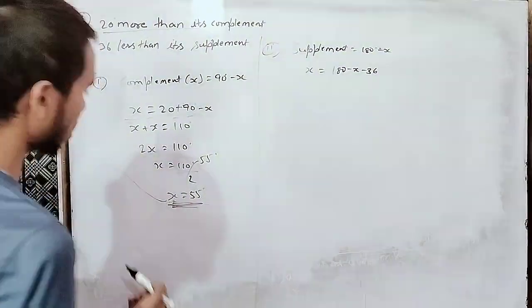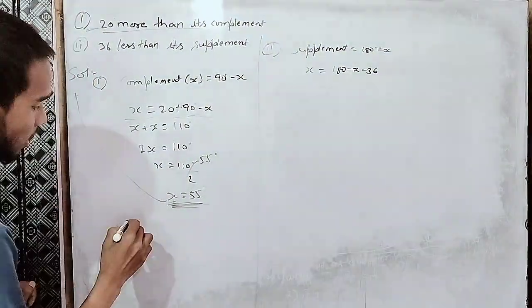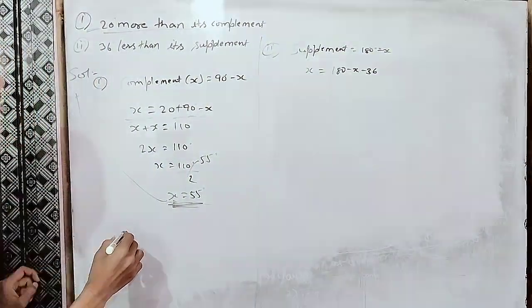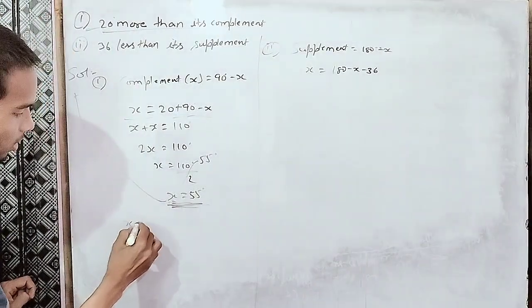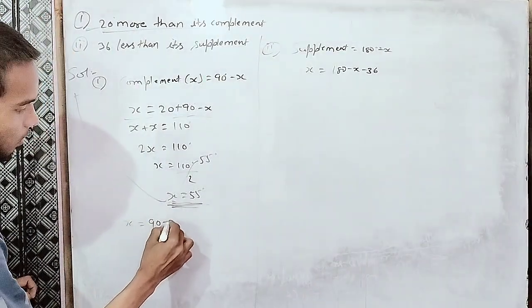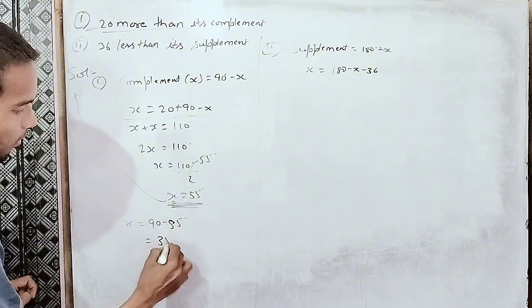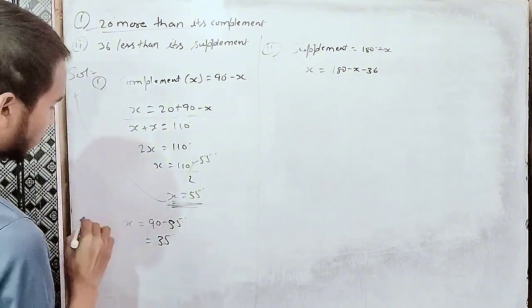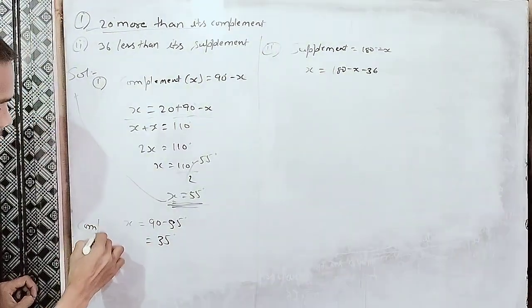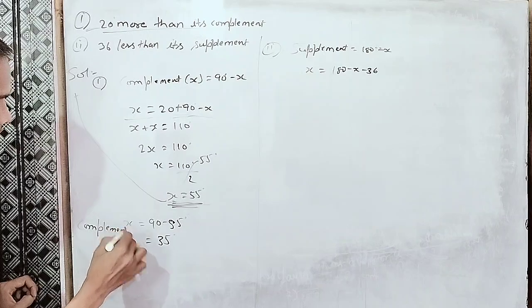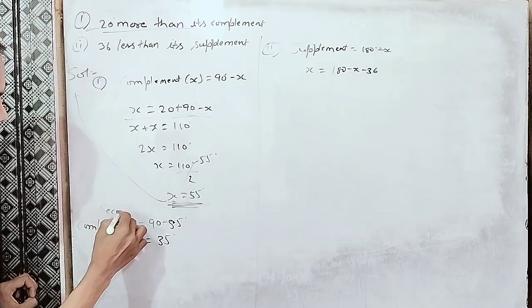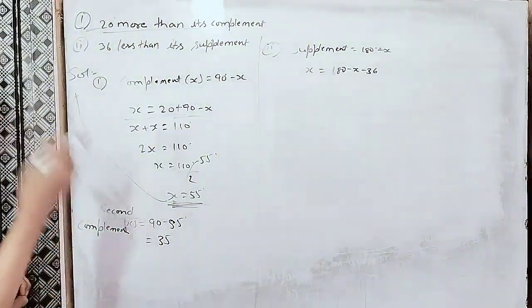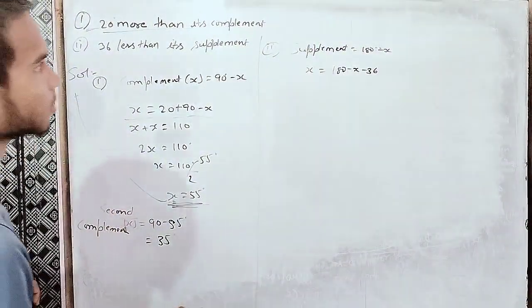And now you can find out the exact value of the second angle, which will be what? We will do 90 minus 55, then we will get 35. This is the complement of x. This is the second angle.